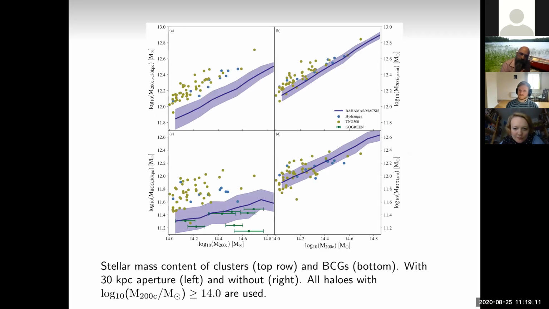I was looking at the conclusion slide, and I think it's coming from this plot that the galaxies in Go Green are less compact than in TNG, but as compact as they are in Bahamas. So I don't mean just the BCG, I guess. But if you're only looking at BCGs, then my question's answered. I was wondering if you looked at all of the galaxies or just the BCG. No, I haven't. But now that you mention it, having seen this result, I think it would be worthwhile if it's possible.